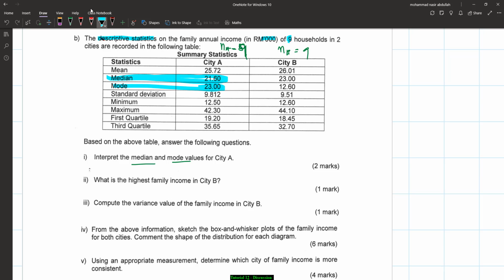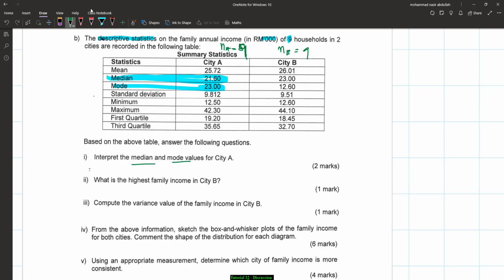So we can say that 50% of annual income in city A is less than 21.6 thousand. Another 50% of the households in city A have annual income more than 21.6 thousand. Right? Means that this is 21,000.